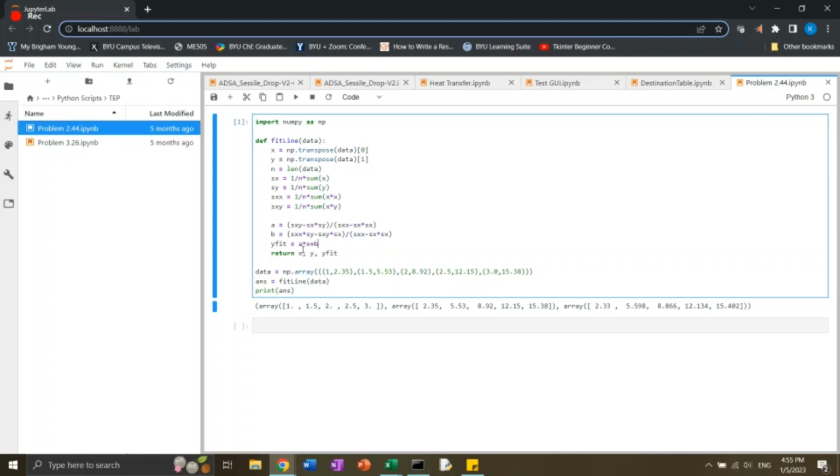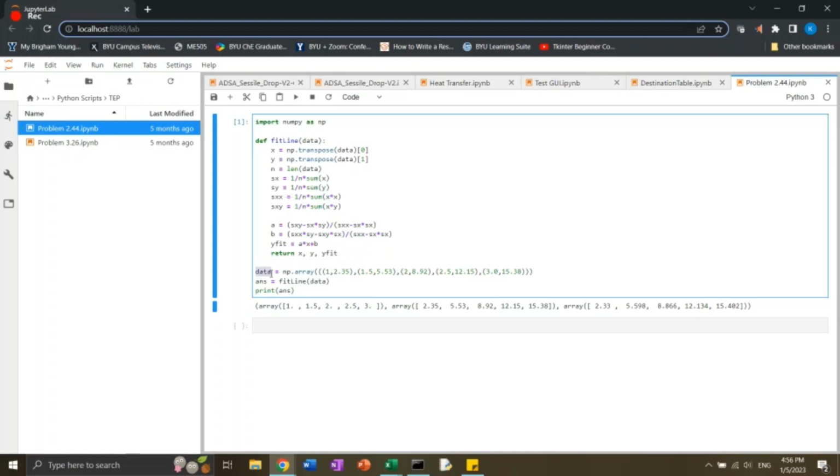So then we return x, y, and the fitted point for that same x value. It says then print out the measured values of x and y, so those are the measured values, x, y, and then the calculated values, so y fit is the calculated value. Okay, that's the end of our function.